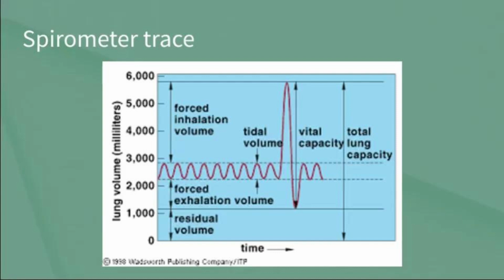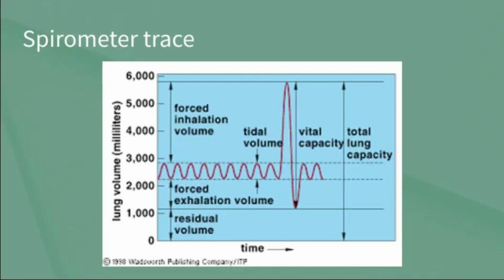So the forced inhalation, forced exhalation, vital capacity plus residual volume all equal the total lung capacity. That is the total amount of air that can be stored in the lungs at the same time, which would never be able to be measured on a spirometer because your lungs are never going to be without air.